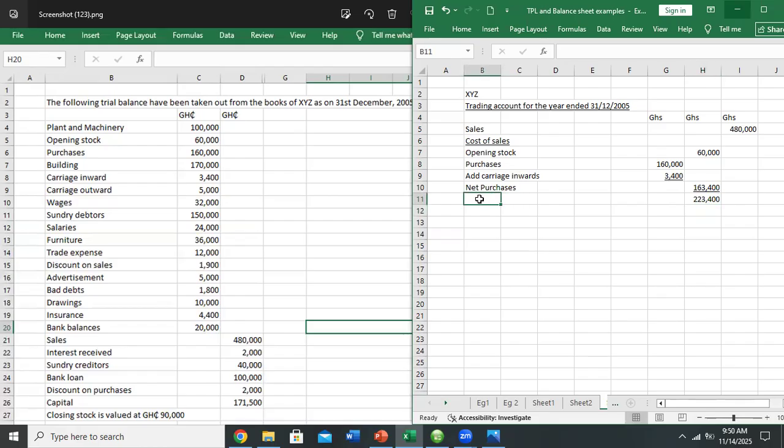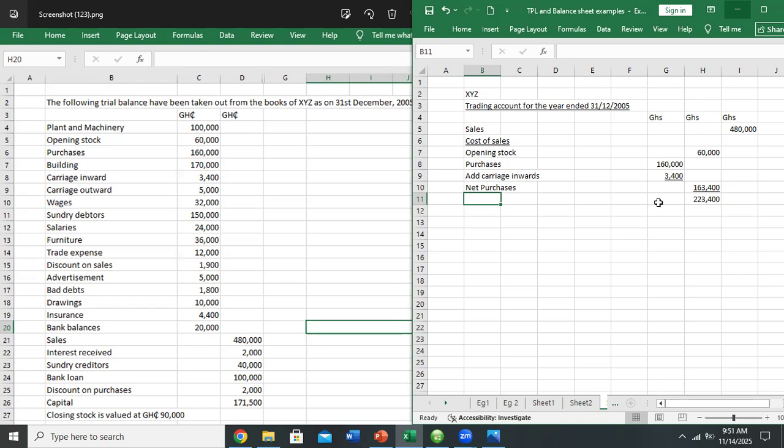Professor Bright, what is the name of this figure? When you add the opening stock to your net purchases, what do you get? Professor Bright, are you there? Let's hear you.